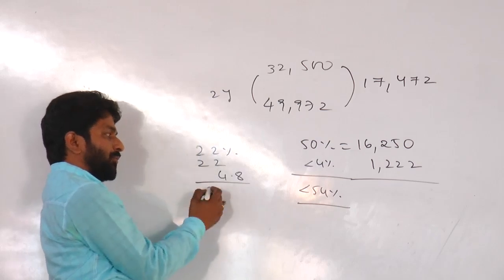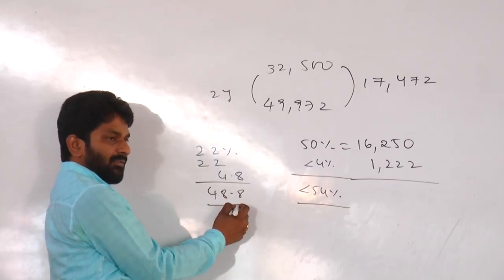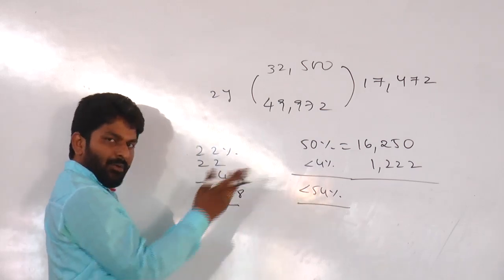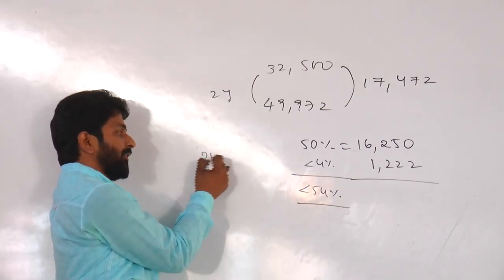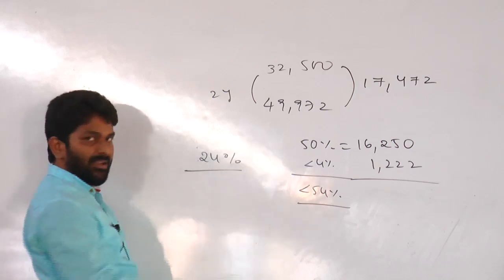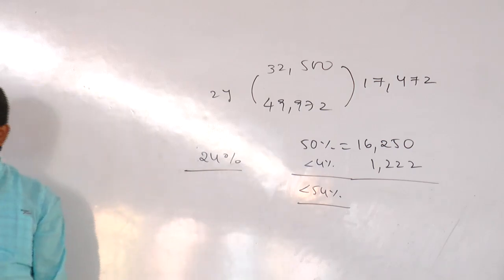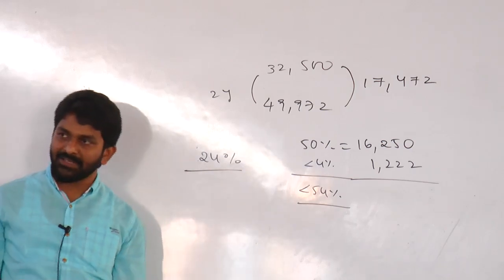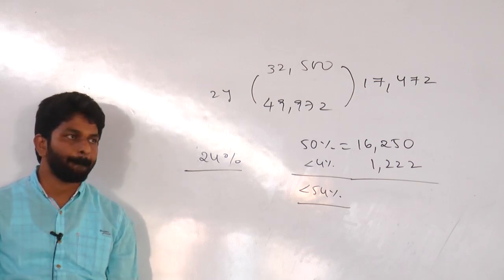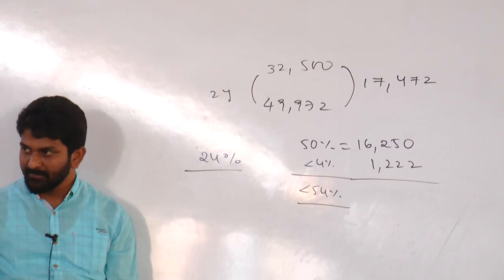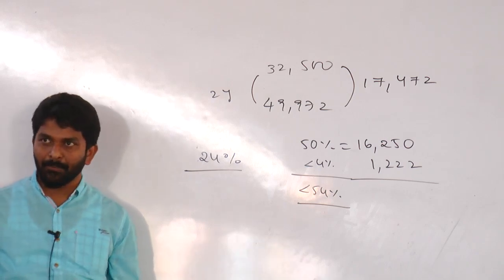Total will be equal to 48.8 something, but here you have 54, more than 24, but less than 27. Only one option, 24%, final answer. We are using only concept of percentage, not compound interest concept. Are you getting? We are just using percentage only.